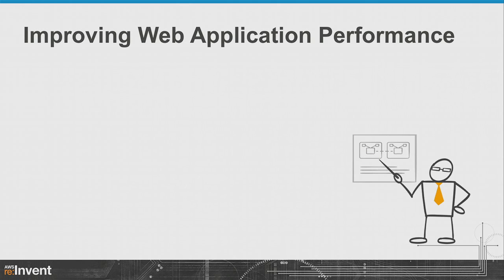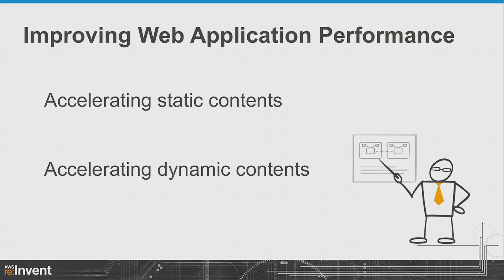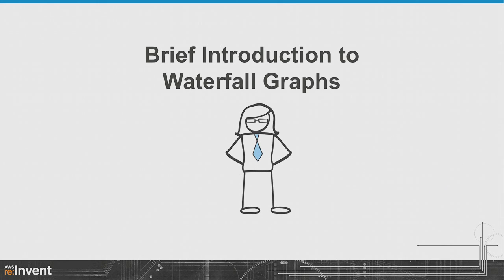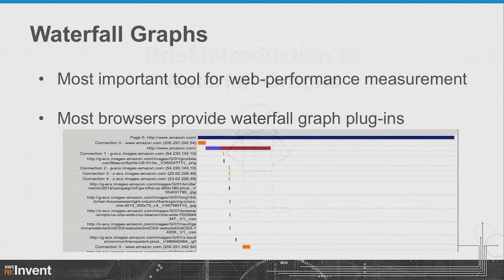So I go to a whiteboard and do a lot of brainstorming, and I come up with two very genius ideas: accelerating static contents and accelerating dynamic contents. Before I get into the acceleration discussion and all the technical details, I want to introduce you to my favorite tool, which is waterfall graphs. Waterfall graphs are by far the most important web performance measurement tool.